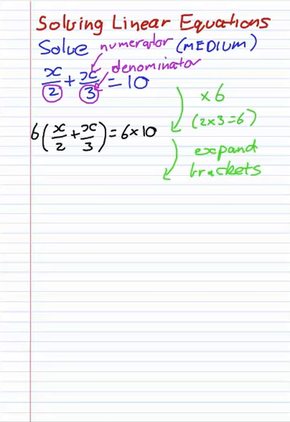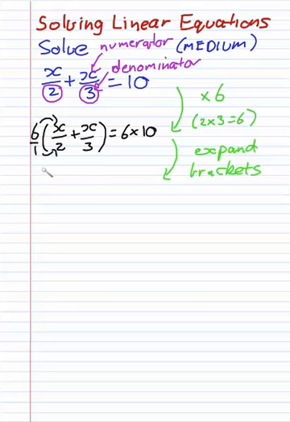Now, how do we multiply this across? Well, when we've got 6 out here, don't be confused, 6 is actually 6 on 1. So we're doing 6 times x and 1 times 2. So the numerators multiply across and the denominators multiply across. It's just a bit of a revision of fractions.